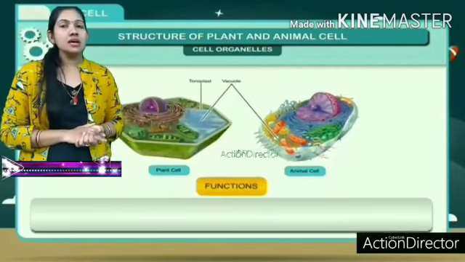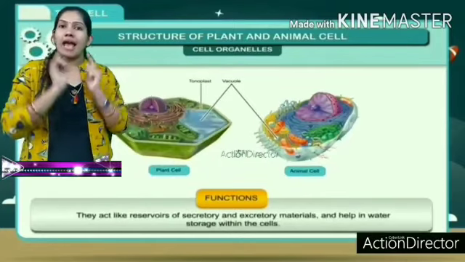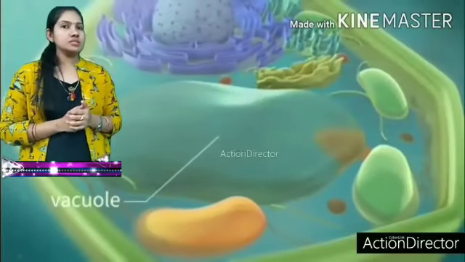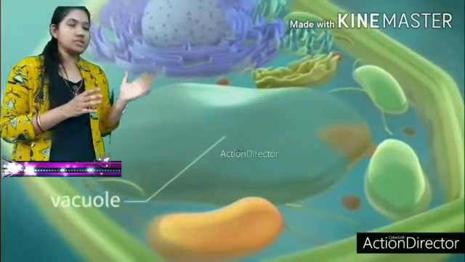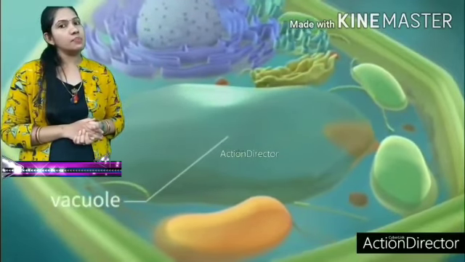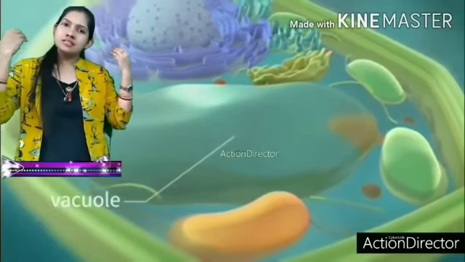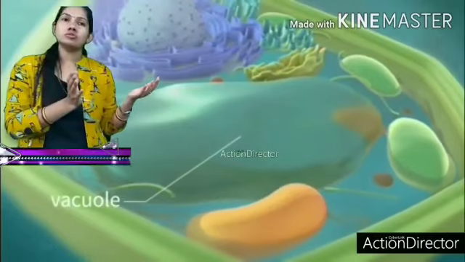That's why in plants vacuoles are large, but in animals vacuoles are very small. You can see over here how large the shape is. This is a large vacuole present inside the cell of a plant. But in the case of animals, it is very small, or in some cases negligible. It is not present also.